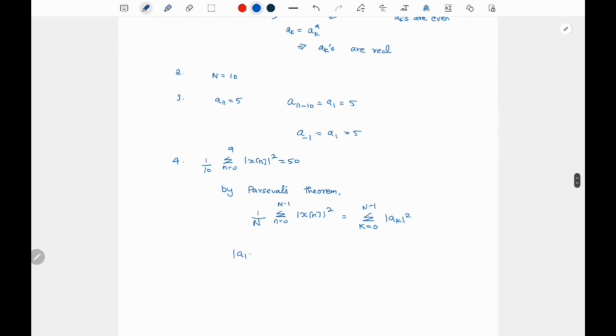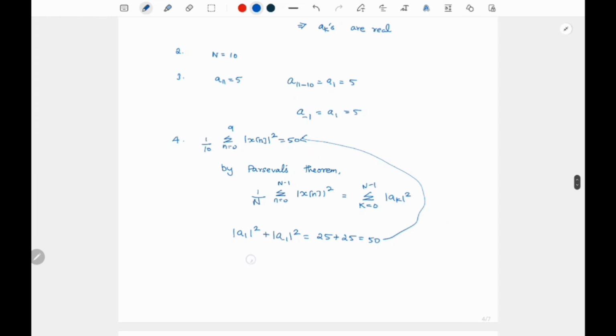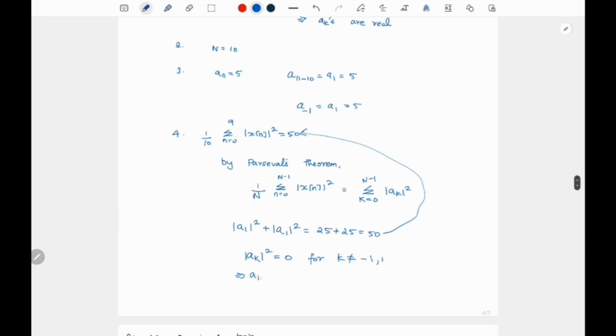So if you just add a1 square plus a minus 1 square, it is going to be equal to 25 plus 25 equal to 50. So this only is covering all this, right? So all your other aks should be equal to 0 for k not equal to minus 1 comma 1, which implies that your ak equal to 5 for k equal to minus 1 comma 1 and 0 otherwise.